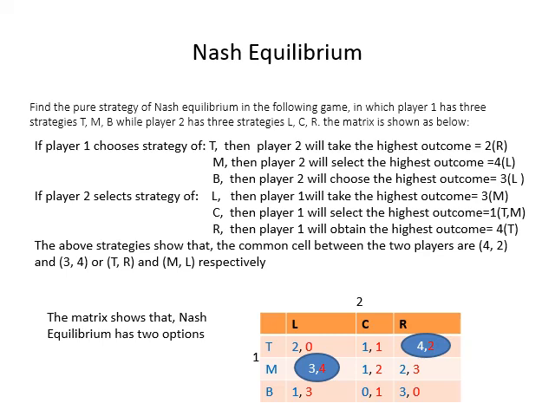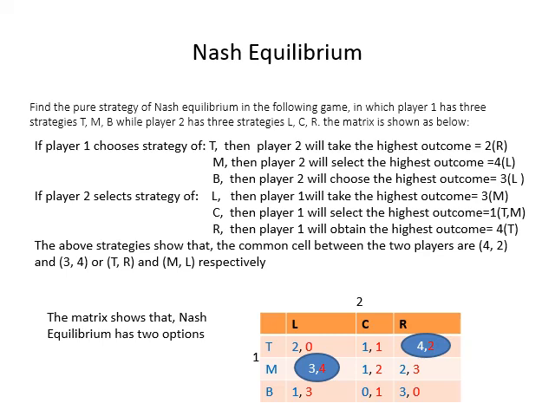Now, if player 1 chooses strategy B, then player 2 will choose strategy L, because column L gives player 2 the highest outcome, equal to 3. That's finished for player 1.